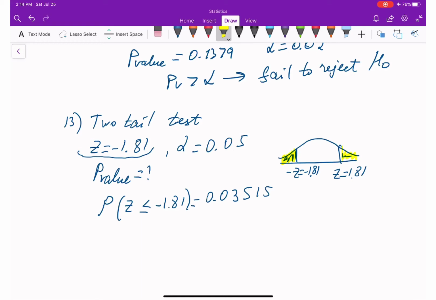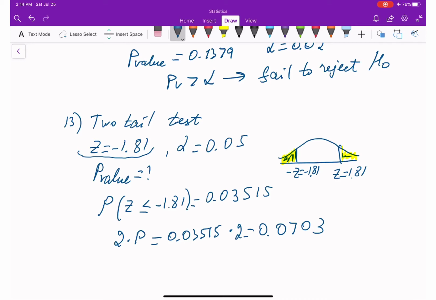So if I multiply 2 times this probability, 0.03515 times 2, it's going to be 0.0703. Okay, this is going to be our p-value.